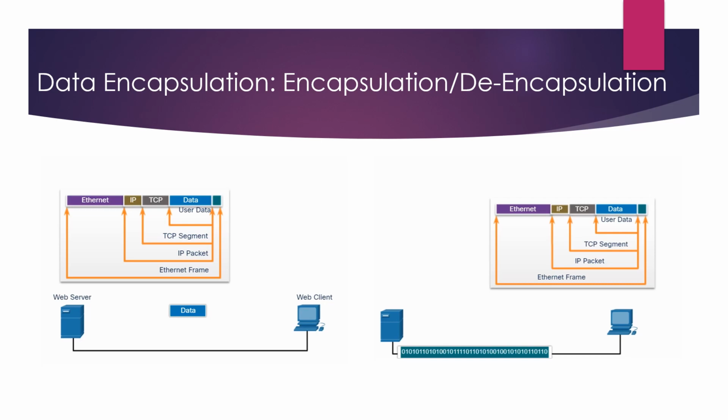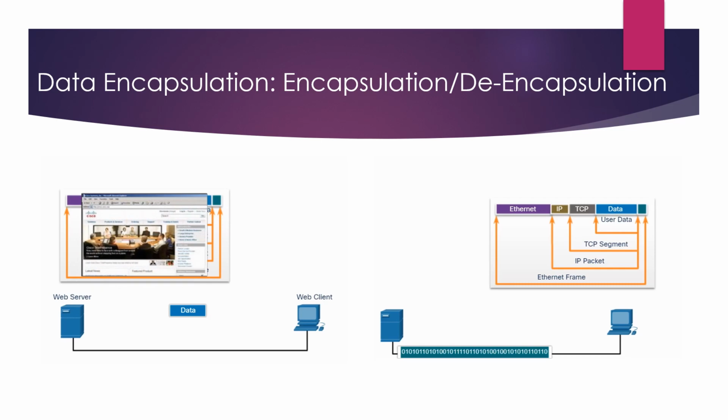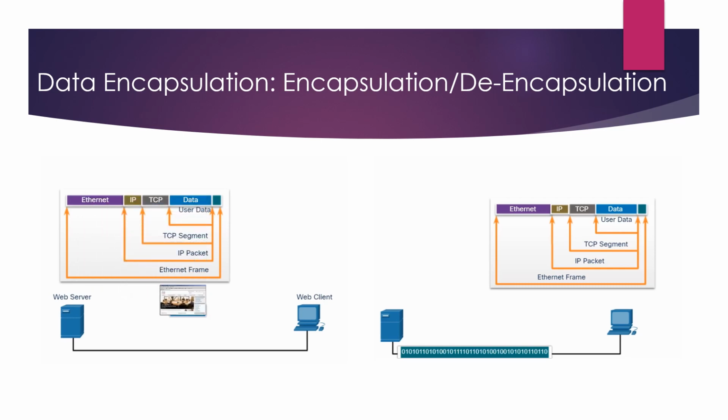You will see that as the PDU goes up from the physical layer to the application layer, the PDU becomes smaller and smaller, because at each layer the header of that layer is removed. As you can see, in the first one, the encapsulation process, it adds the header of the layer.